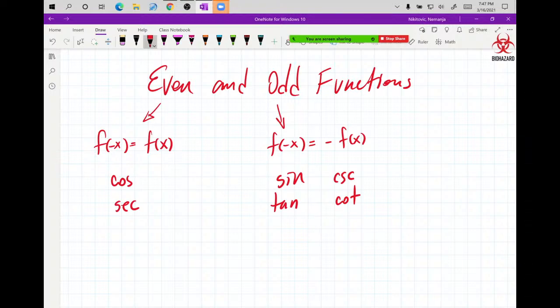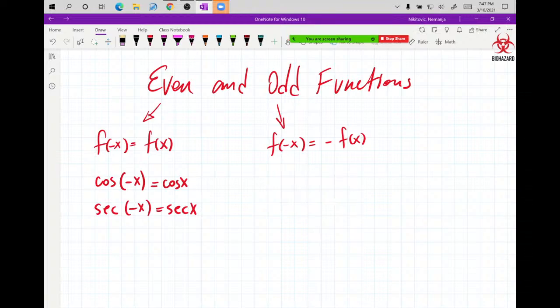So what we actually have is that cosine of negative x is the same as cosine of x. Secant of negative x is the same as secant of x. And then we have the other four. Sine of negative x is equal to negative sine of x.